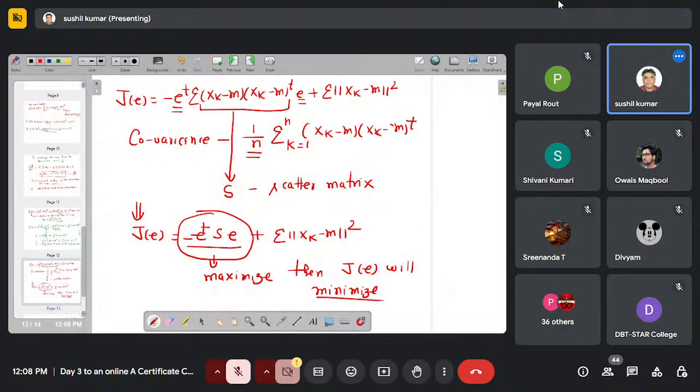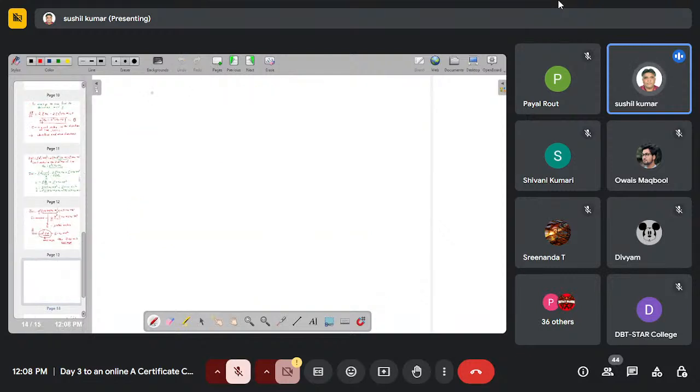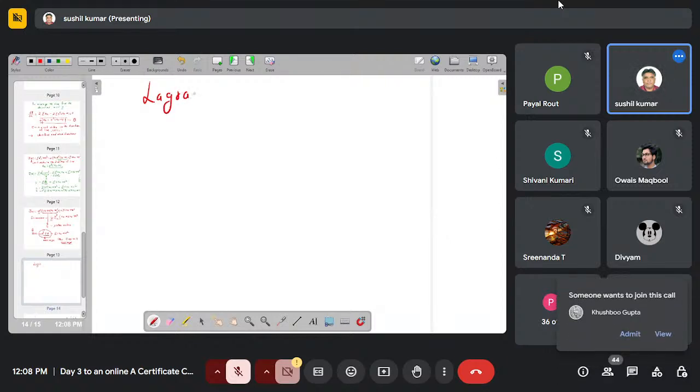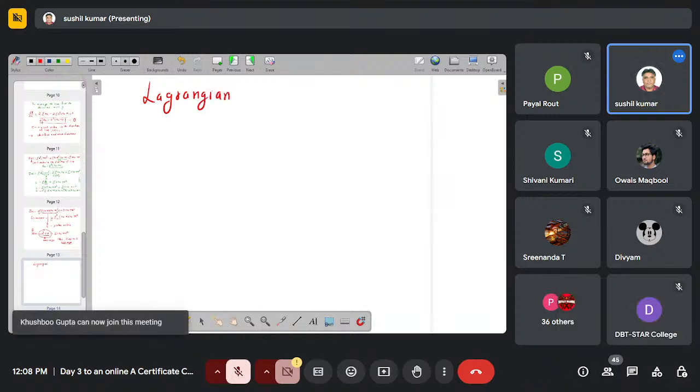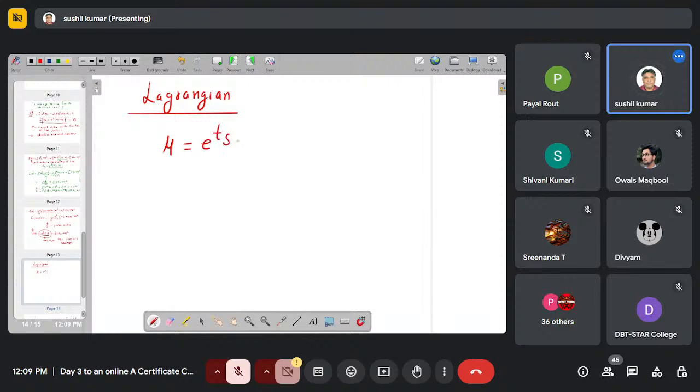Okay, so here I will use the mathematician's equation that is called the Lagrangian equation. The Lagrangian formula is: mu equals e transpose S e minus lambda times (e transpose e minus 1).